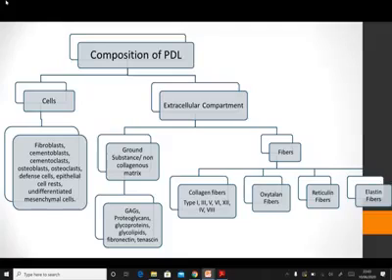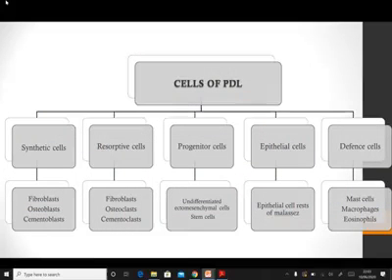Within this extracellular compartment, a vast majority of the cellular community is embedded, and those cells majorly consist of the fibroblasts, the cementoblasts, the osteoblasts, the fibroclasts, the cementoclasts, the osteoclasts, defense cells, epithelial cell rests of Malassez, and undifferentiated mesenchymal cells.